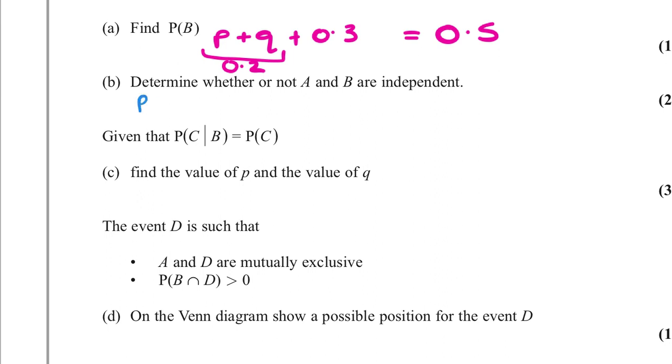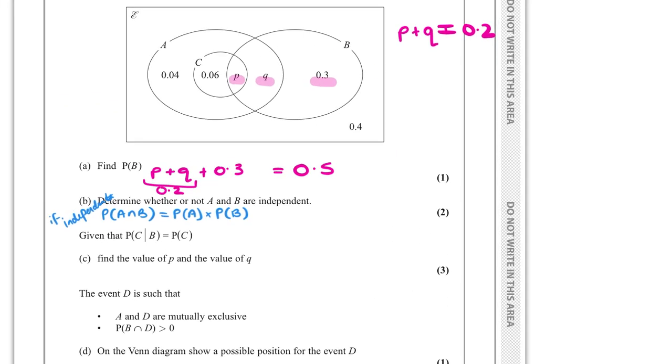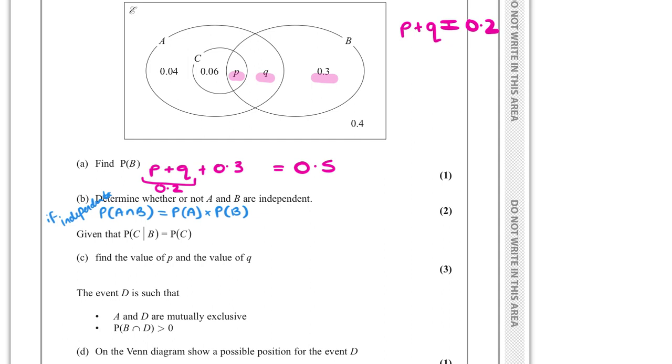We know that their intersection is the probability of A multiplied by the probability of B. This is for independence, isn't it? Okay, so if independent, so for independence, let's have a look.